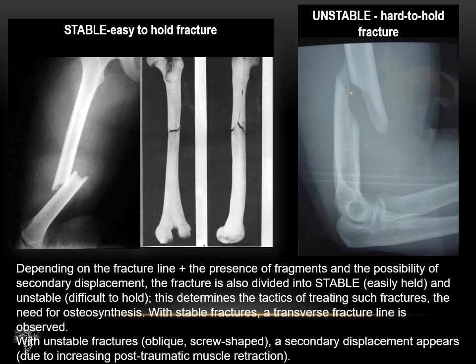It will be very unpleasant. Therefore, these are unstable, hard to hold fractures, most often oblique, helical, and comminuted fractures. They are usually operated on with the help of fixation methods. In this case, you can apply intramedullary osteosynthesis by pin, or plate osteosynthesis. Now we will talk about the methods of treatment to fix such a fracture that is difficult to hold.